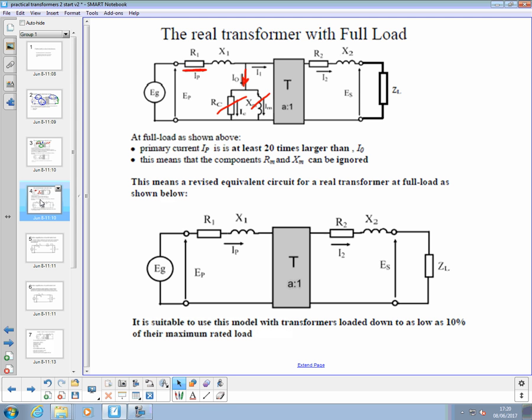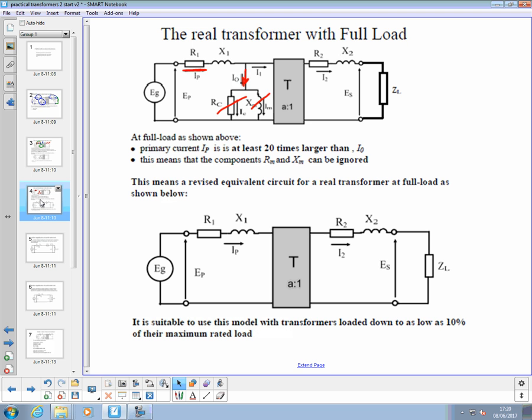Okay? This means that we can revise the equivalent circuit for the real transformer at full load to be that circuit without those two components. And again, we could analyse that circuit, and we have done some circuits similar to that last week. Okay?